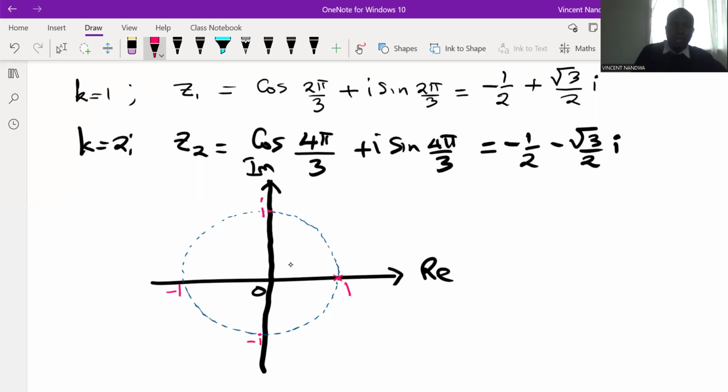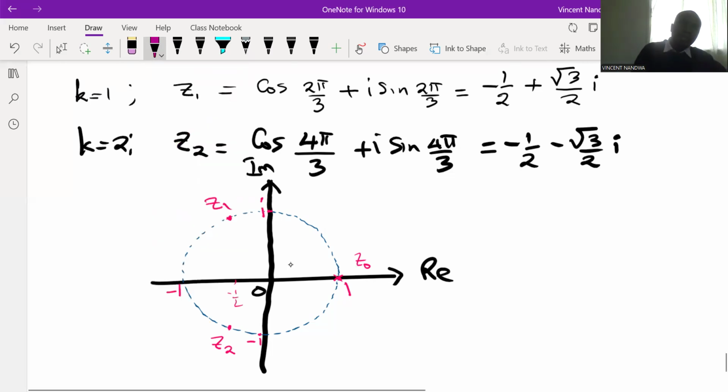So the first root z naught is at 1, and then minus a half plus root 3 over 2 i will be somewhere here. So this way I have z1, and then minus a half minus root 3 over 2 i will be somewhere here. So this way I have z2.